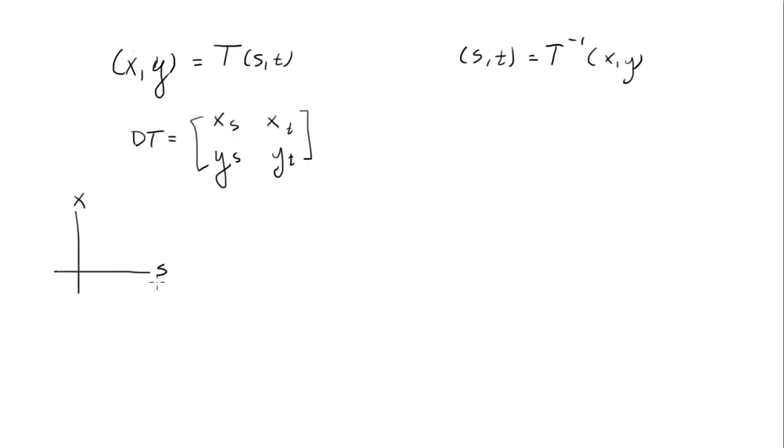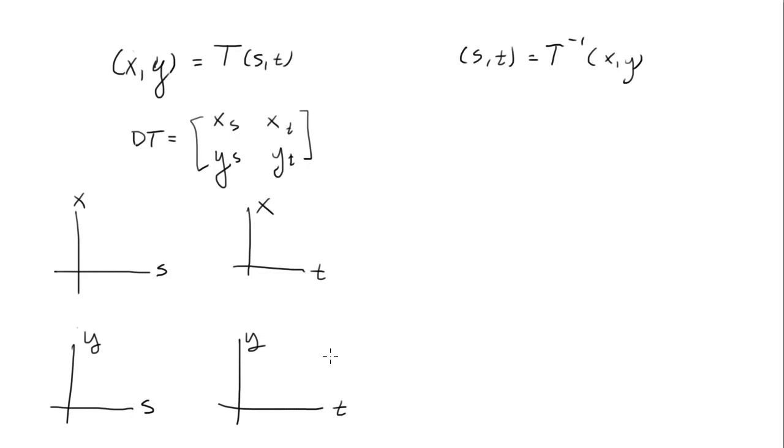X is a function of S, and X is a function of T. So the partial derivatives are just Calc 1 derivatives. Y is a function of S, Y is a function of T. All my partial derivatives are my slopes in these respective planes, just Calc 1.